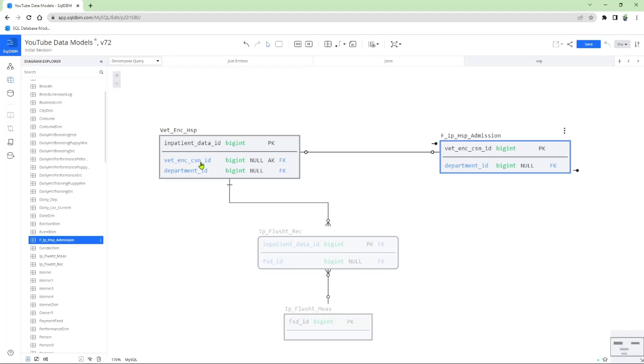And so what this becomes is an alternate ID within this data set as well, so that the encounter is not only identified by the inpatient data ID, but also the encounter CSN ID. And that relationship goes into the admission record here. And what we know is that it's a one-to-one relationship.